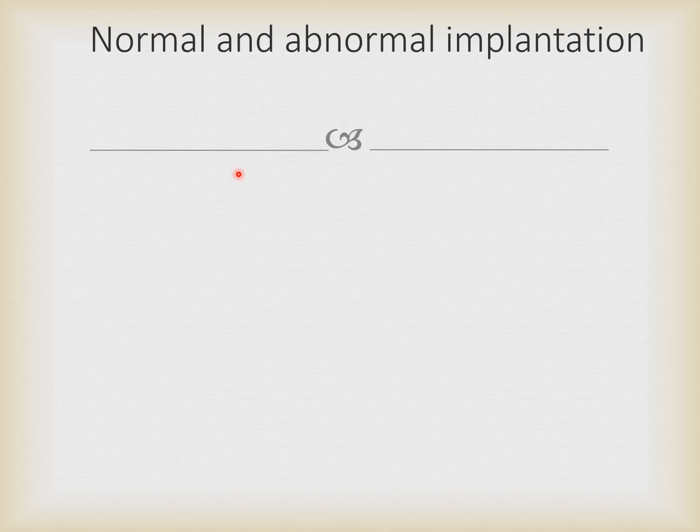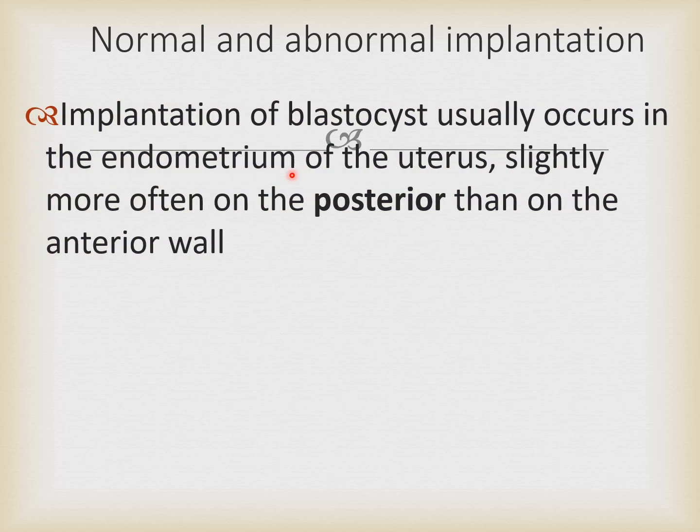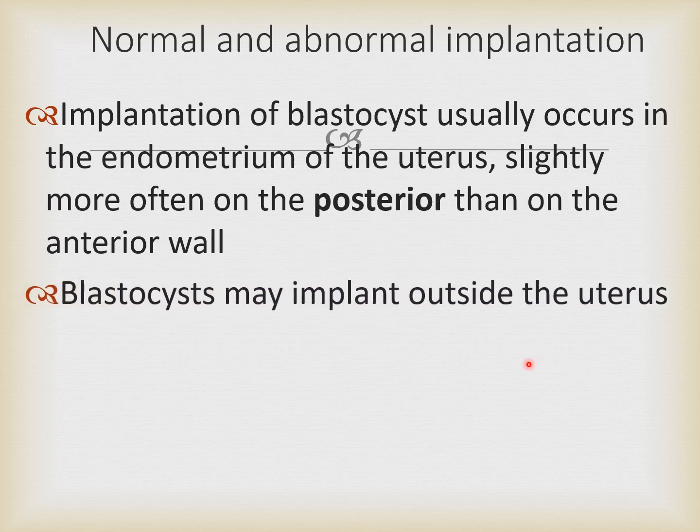Now the normal site of implantation of the blastocyst is the endometrium of the uterus, and the most common sites are the posterior wall and anterior wall of the uterus. But the blastocyst may implant outside the uterus. If the blastocyst implants outside the uterus, this type of pregnancy is known as ectopic pregnancy.